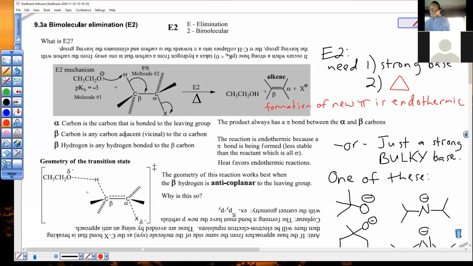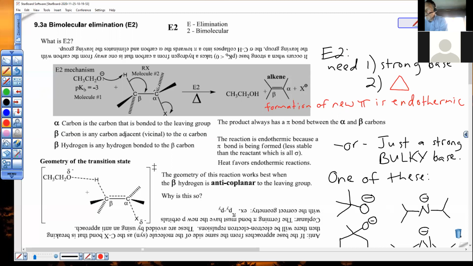Simple enough. The transition state. So I hope this looks a little like this and a little like these, because that's what transition states are. They look like reactants and they look like products. So the transition between O minus and OH is O with a partial bond to H. The transition between having a full bond to carbon and no bond to carbon is a partial bond to carbon.